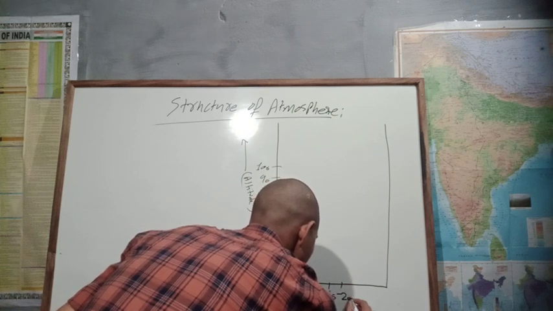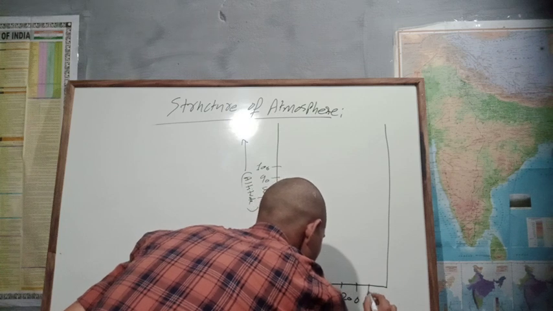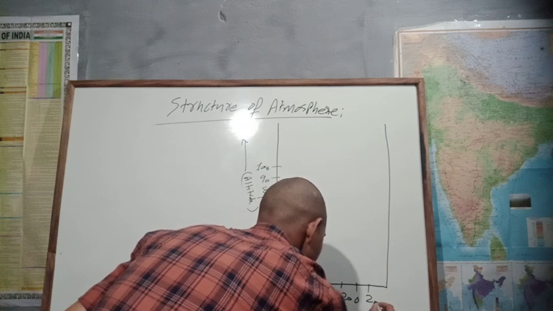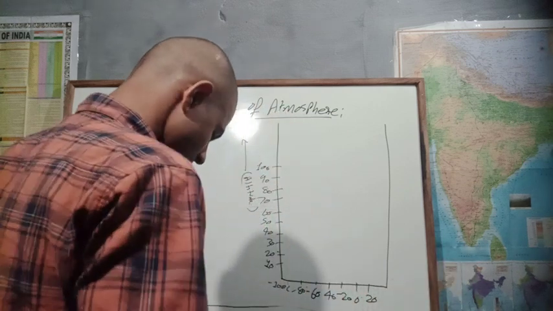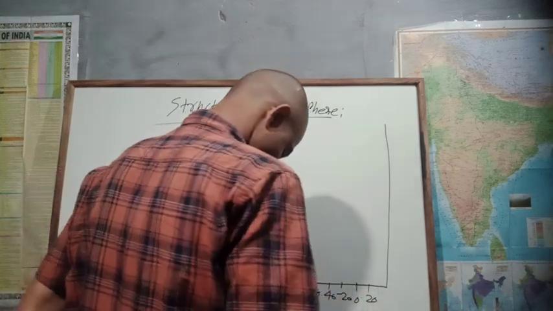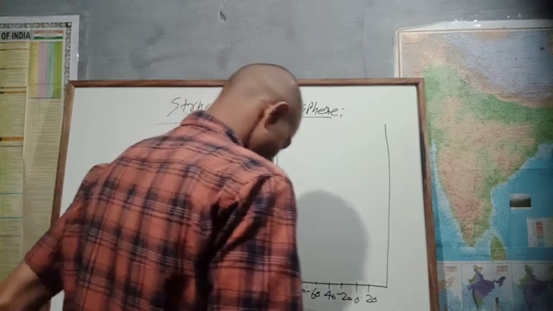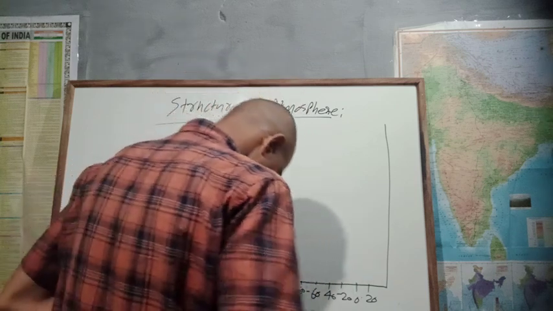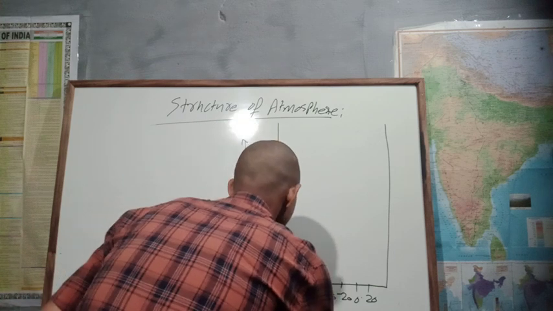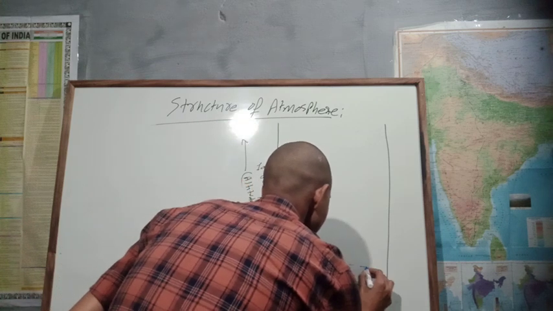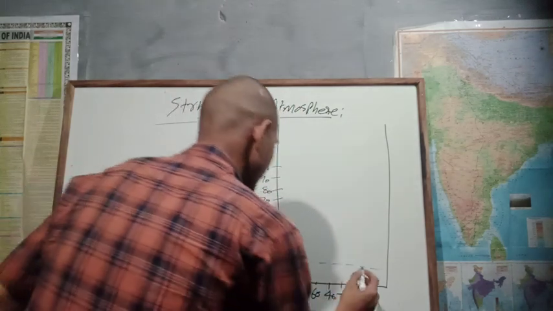This is 0. This is 20, and so on. Right. So guys, look. This we call tropopause.